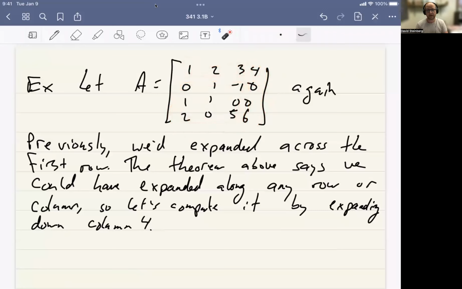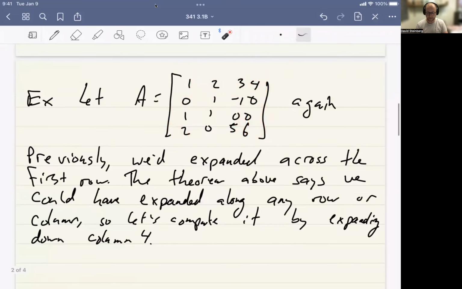And it was more work than it needed to be, for the simple reason that if we expand along this column instead of the first row, we've got 2 zeros from the very beginning. So we only need to do 4 times the determinant of that matrix, so minus 4 plus 0 minus 0 plus 6 times the determinant of that matrix. So let's see why. Let's do exactly that.